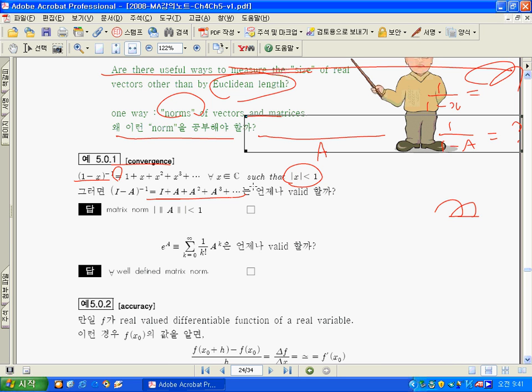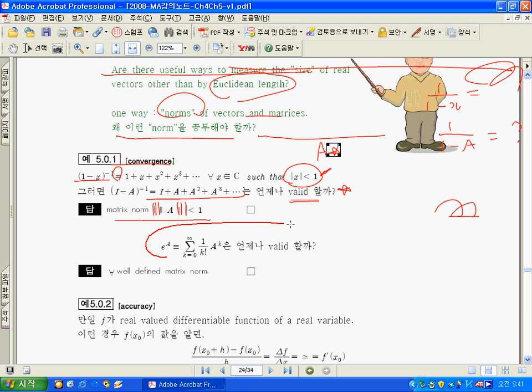It's not always true. It is true when we have a condition like this. The answer is this: if we have a matrix norm such that the norm of A is less than 1, then this is valid, like what we had for reals.